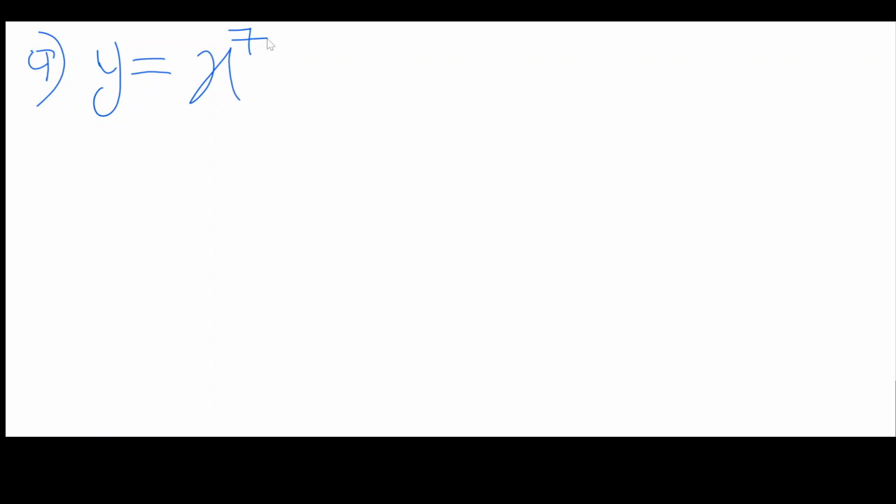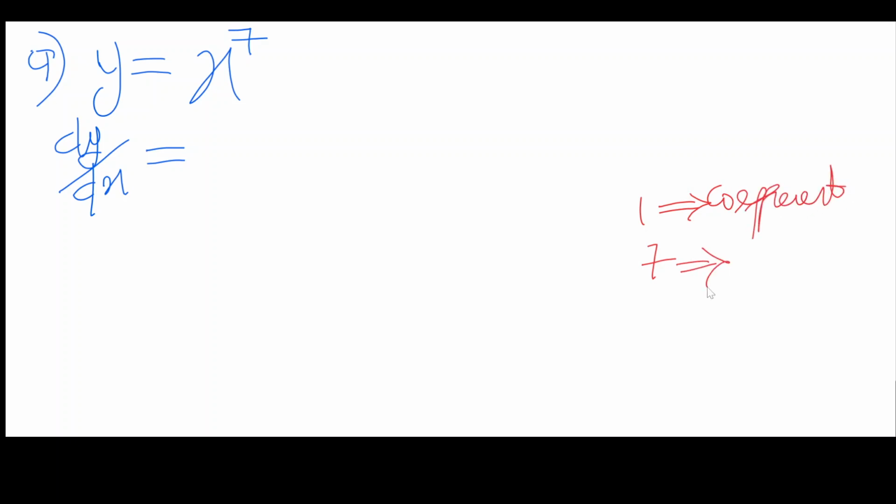We have dy/dx equal to, so we multiply the power of x by the coefficient of x. The coefficient of x here is 1, and the power, or the exponent, of x is 7.